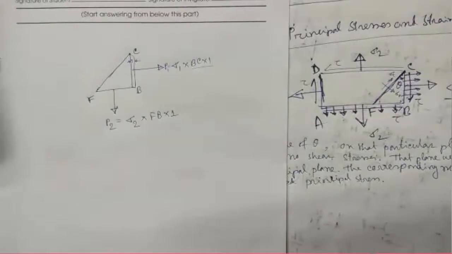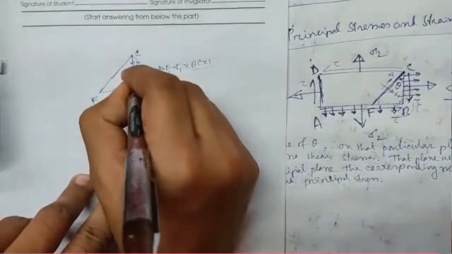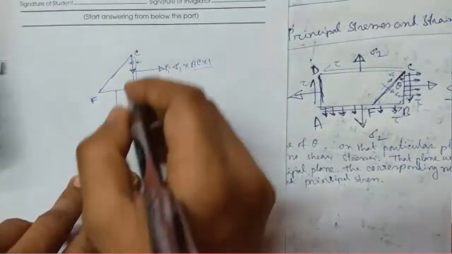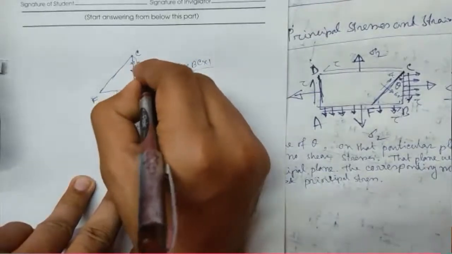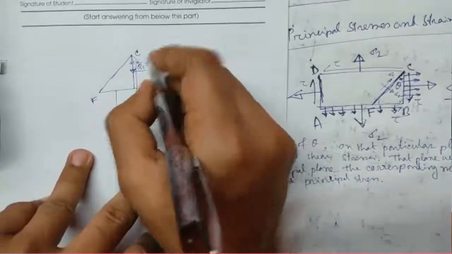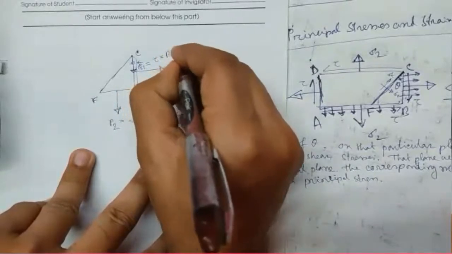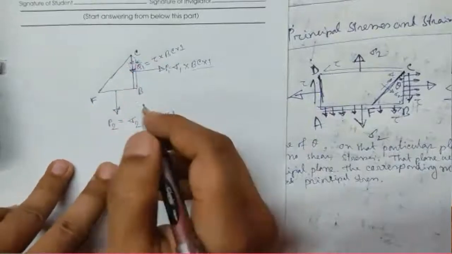Now there is another shear stress. This shear stress is working along this direction, and it produces a force, say Q1. Q1 will be tau into the surface BC into 1, where 1 is the thickness and BC is the length of this side.